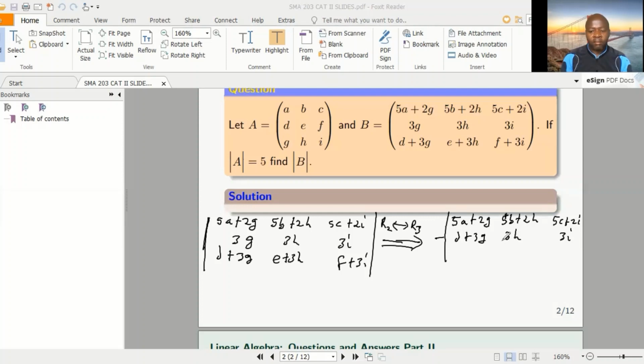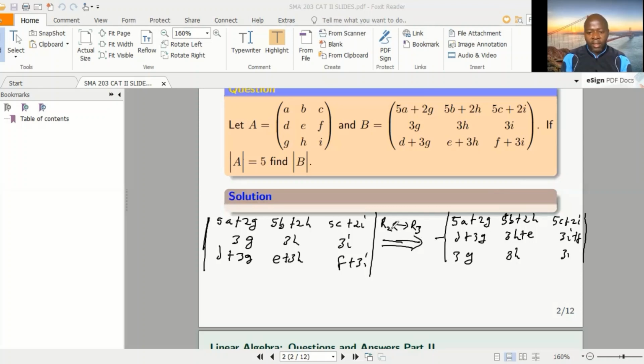E plus, it was E plus, let me just add that. And this one plus F, just add that. And then we have 3G here, 3H here, and 3I. Sorry, this is supposed to be there. So let me clear this a bit. Yes, so let me draw that here.